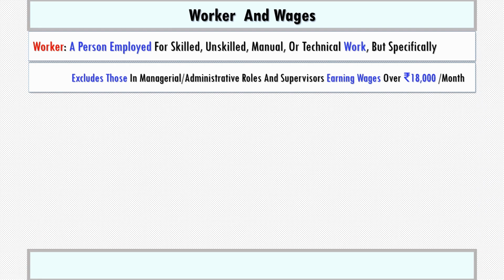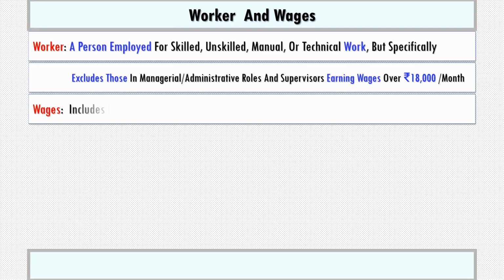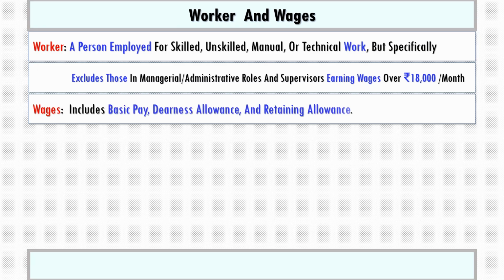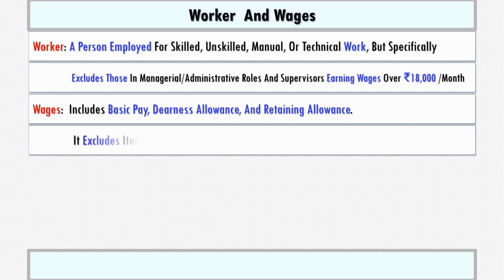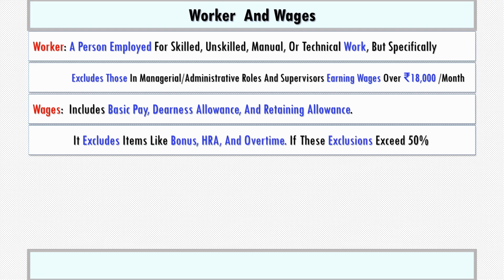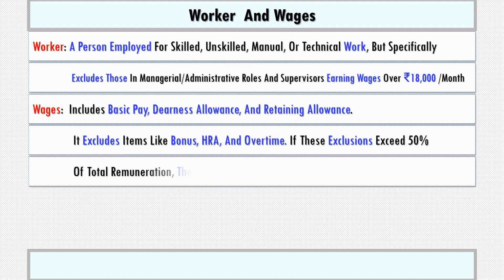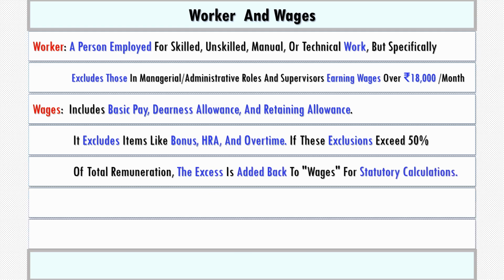It also defines wages as including basic pay, dearness allowance and retaining allowance. Wages excludes items like bonus, HRA and overtime. It stipulates that if the exclusions exceed 50% of total remuneration, the excess is added back to wages for statutory calculations.